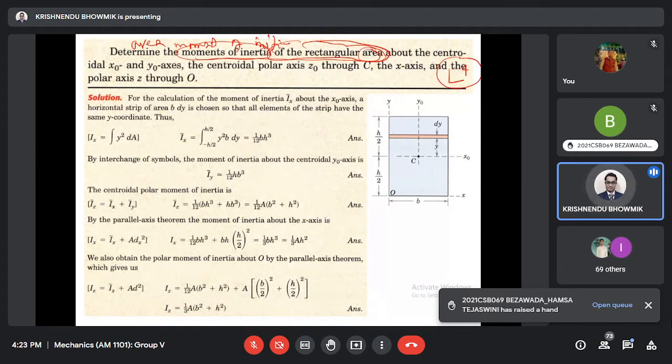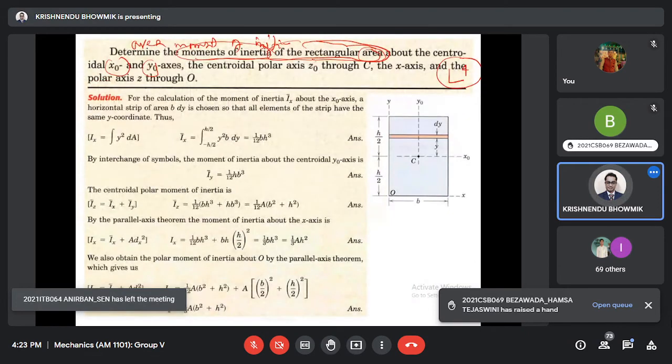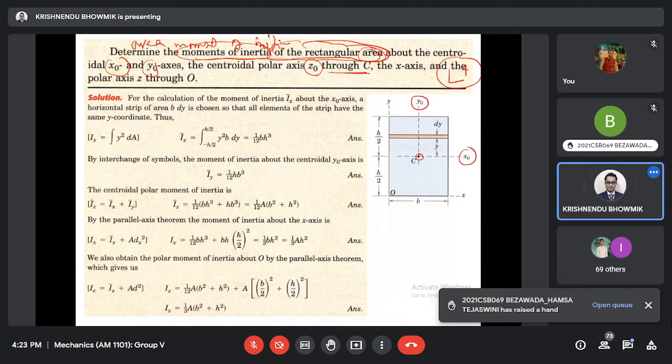About the centroidal axes x0, y0, and the centroidal polar axis z0 through C. This is the centroid C, this is x0, this is y0.